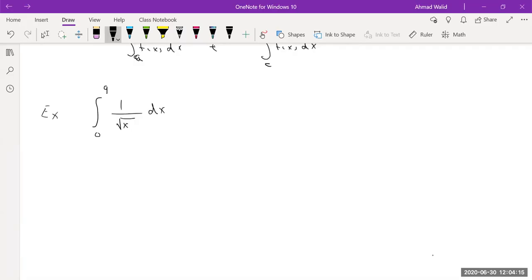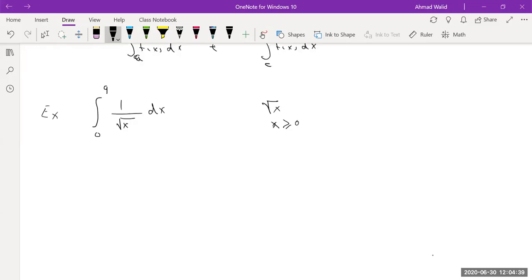How to know that you have a discontinuity? You see the domain of 1 over square root of x. If you remember your algebra, you have a square root of x in the denominator, correct? Now you have to put x greater than or equal to 0 to find the restriction.